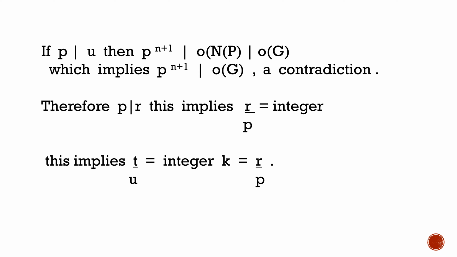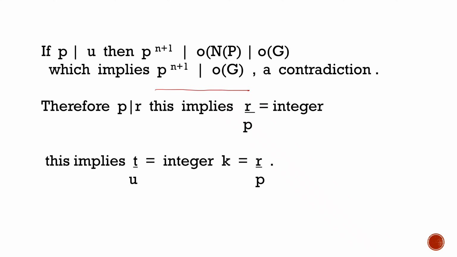If p divides u, then p power n plus 1 divides the order of the normalizer of P, which divides the order of the group, which implies that p power n plus 1 divides the order of the group, which is a contradiction.